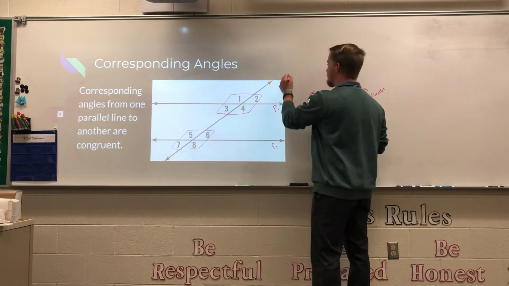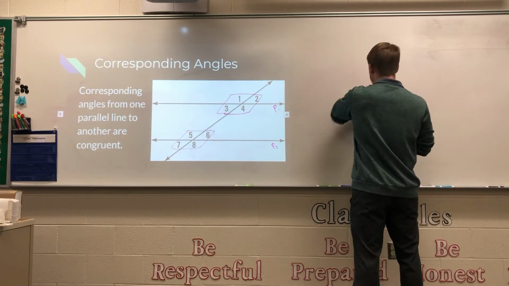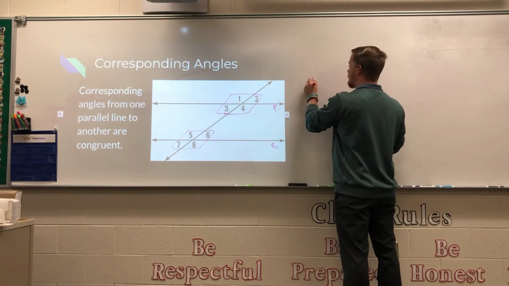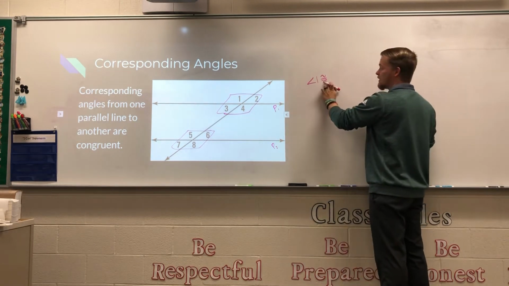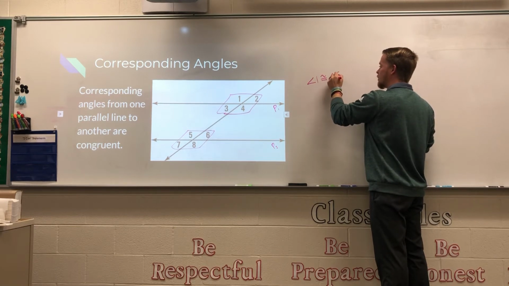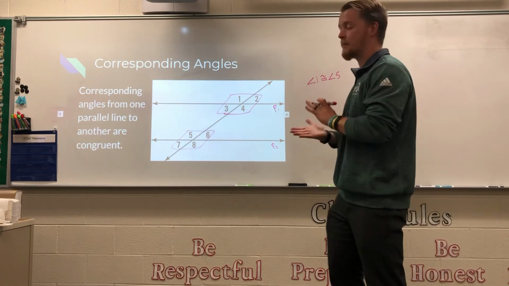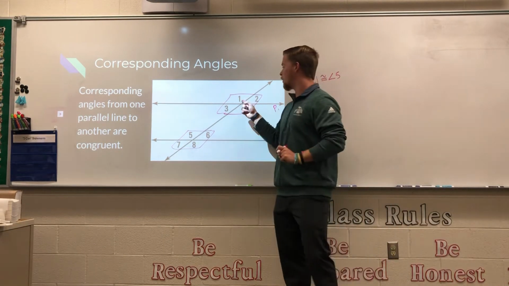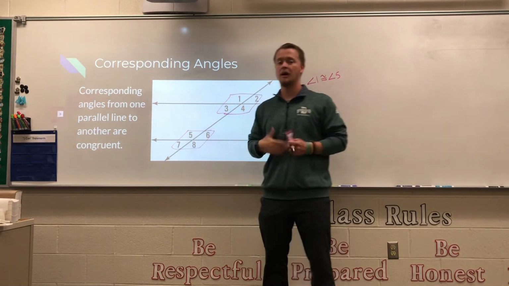The way I would write that, let me erase this real quick: angle 1 is congruent to angle 5. Remember, your congruent symbol is an equal sign with a squiggly line on top. What that means is they have the same angle measurement. For example, if 1 was 110 degrees, 5 would also be 110 degrees.